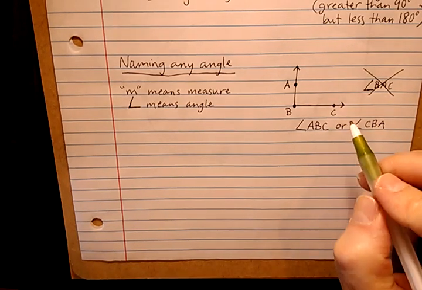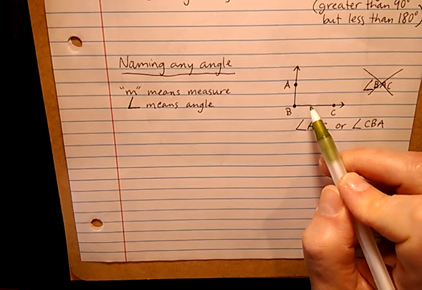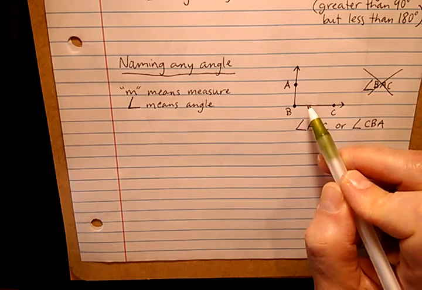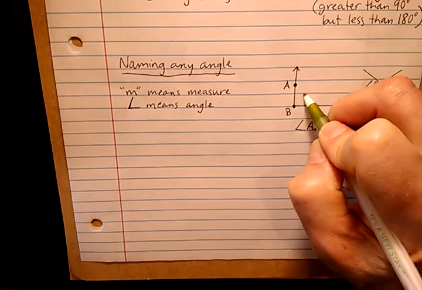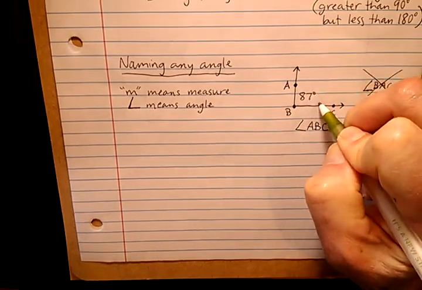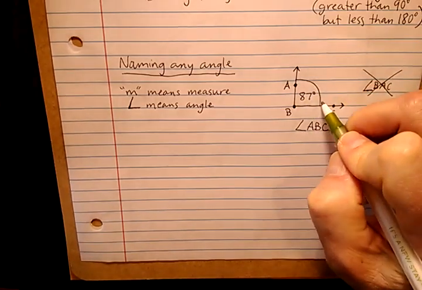Okay, so this angle actually doesn't look like a 90-degree angle, so we're going to say this angle is a little bit less than 90 degrees. Maybe it's 87 degrees. So let's say this angle is 87 degrees. That means the rotation has been almost 90 degrees, but not quite.